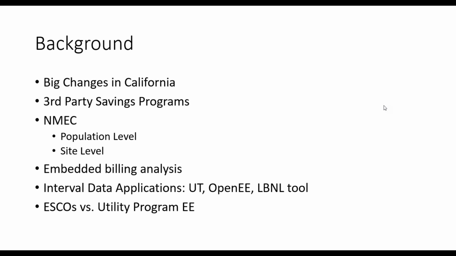But we've got this term in here, embedded billing analysis, where some of the idea is that these savings will be tracked using the billing analysis, but in more real time as the programs go on. So some of these programs would have been evaluated with a billing analysis approach by the evaluators, by the Itrons and the DNVGLs of the world, eventually, but they're trying to do that more upfront as the programs claim savings.